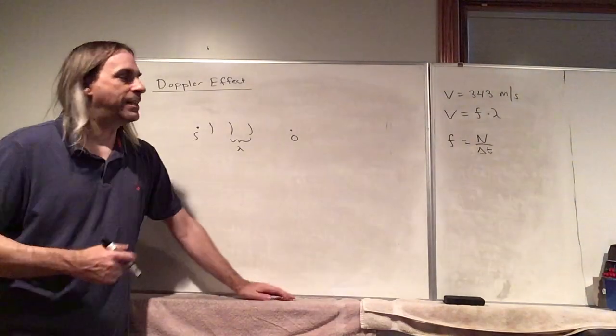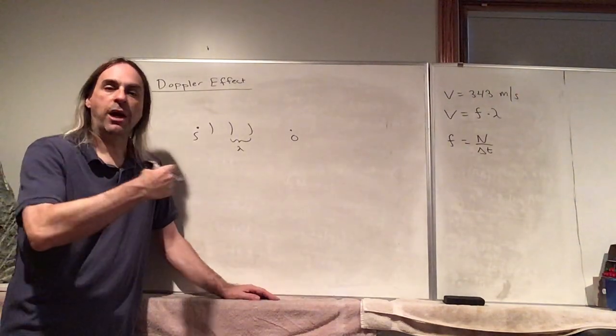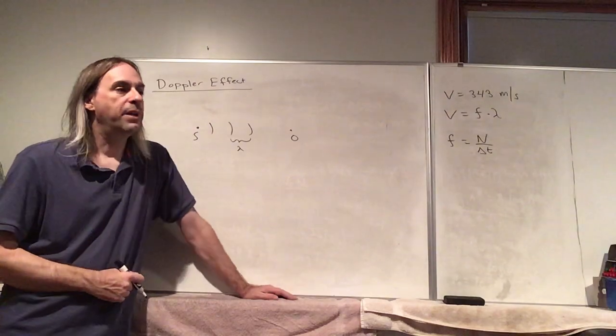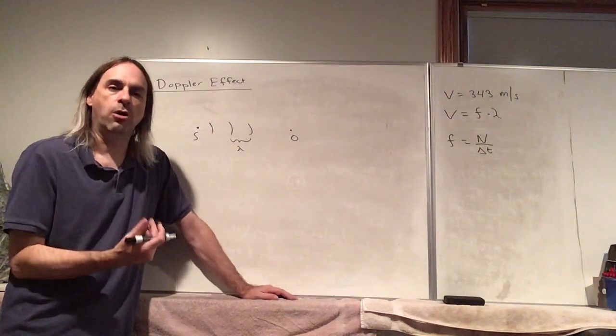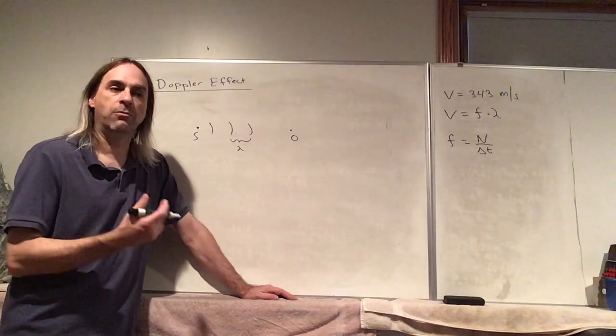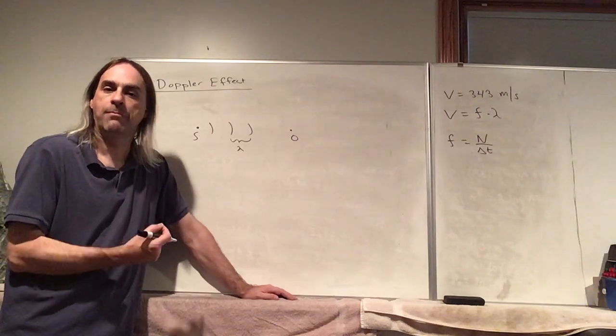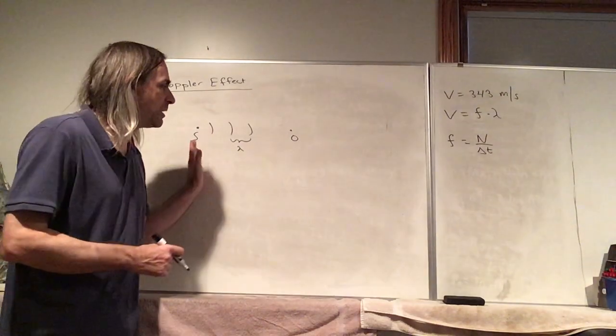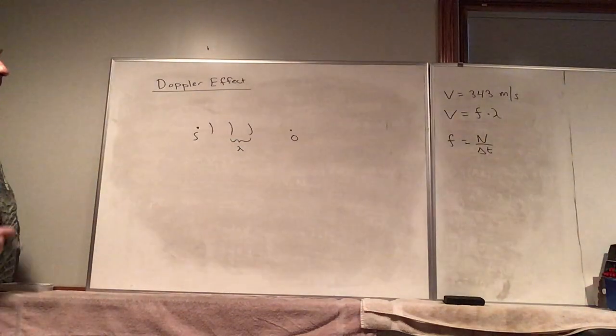Say we have a speaker with a membrane that oscillates back and forth in a pure tone. You can look at the vibration of that membrane to define the frequency, and that's what the observer would see.